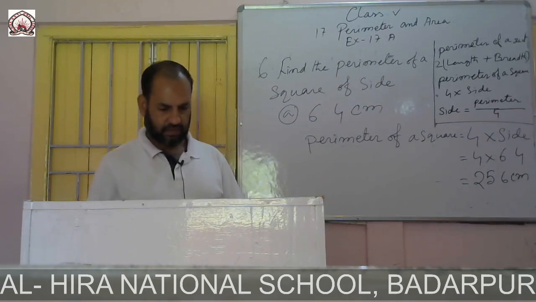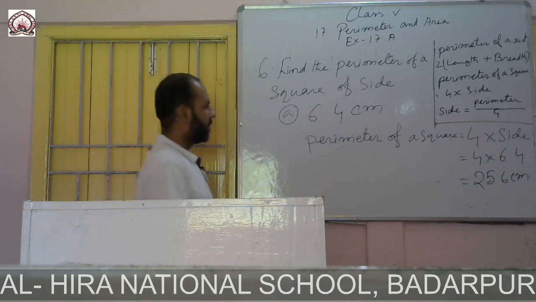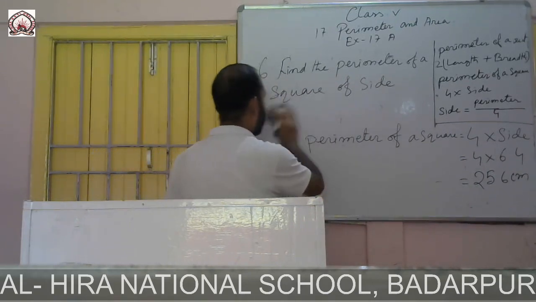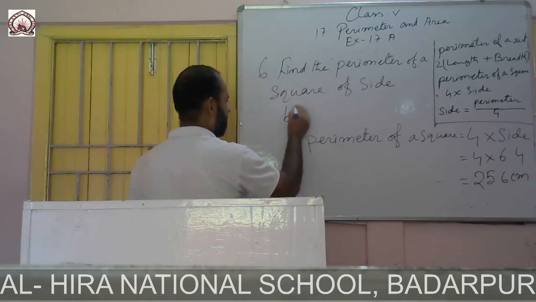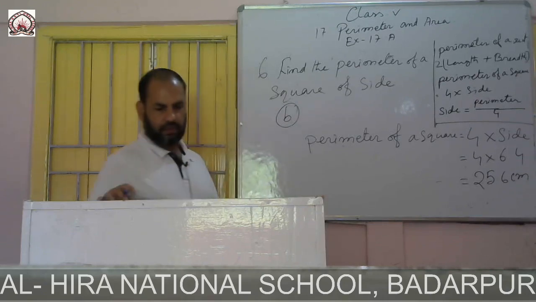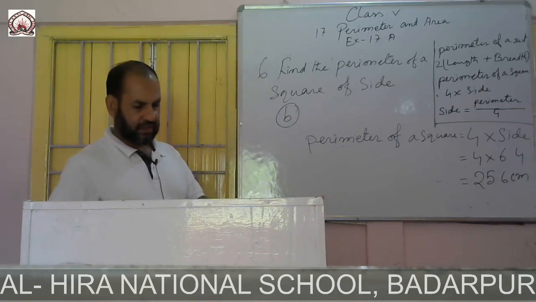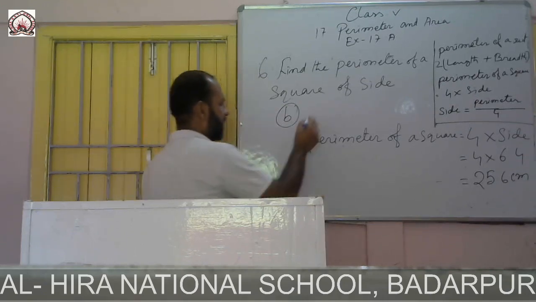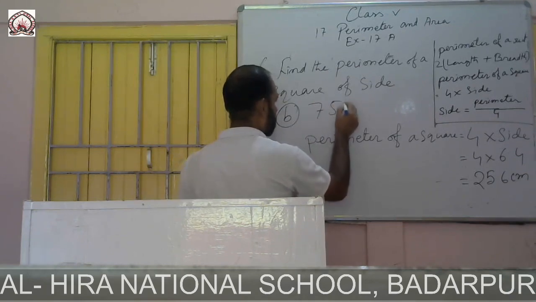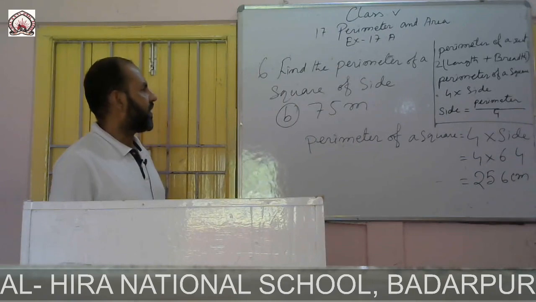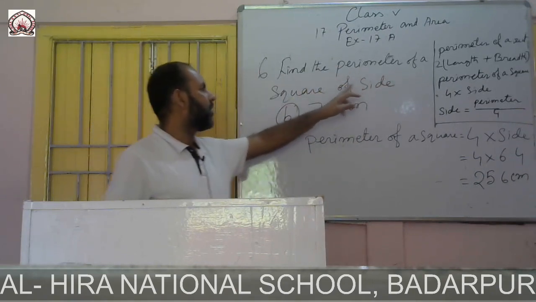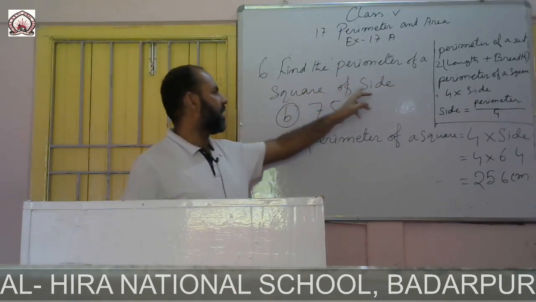Next, question number B. The question is 75 meter. We find out the perimeter of a square.